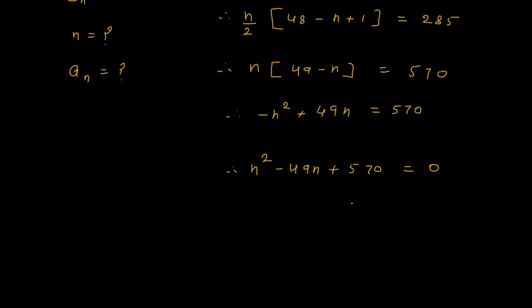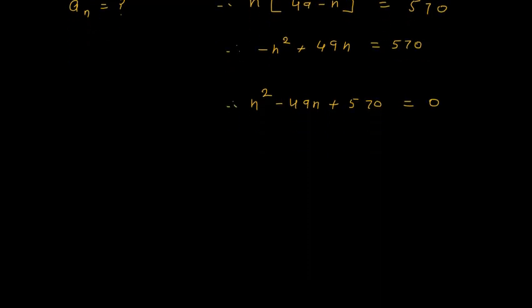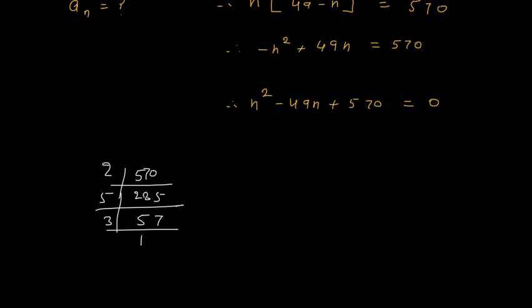Now this 570 we have to find its factors. So if we factorize 570, 2 5 is 10, then with the 5, 5 5 is 25, 3 35, 5 7, then 57, with 3, 3 1 is 3, 2 27, 3 9 is 27, and here it is 19.